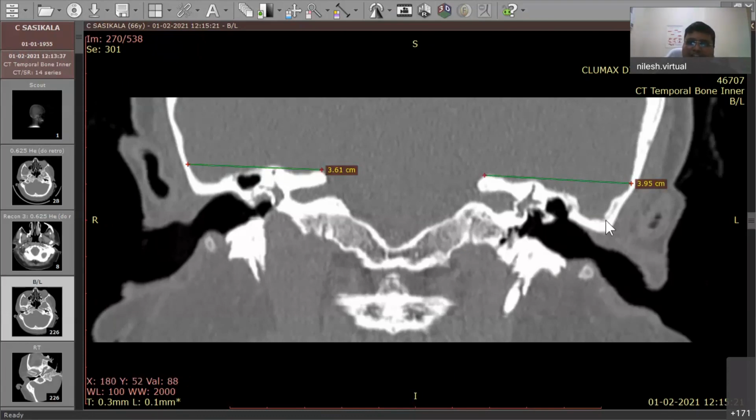On both sides the tegmen is low lying, and you can see this tegmen is at a little higher place than this left side. On the left side you can say the tegmen is very low lying. So your access to the antrum again will be restricted by this part of the middle fossa, which is projecting down along with the low lying tegmen. So this is roughly what you can call a low lying tegmen.